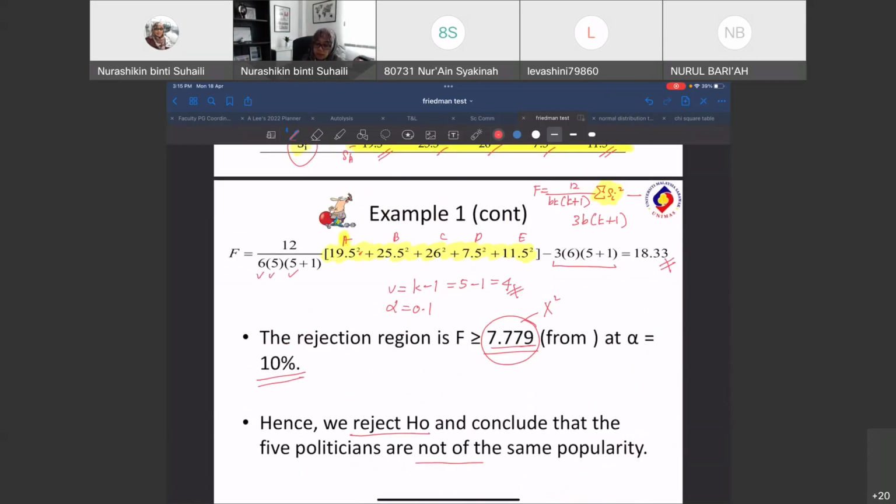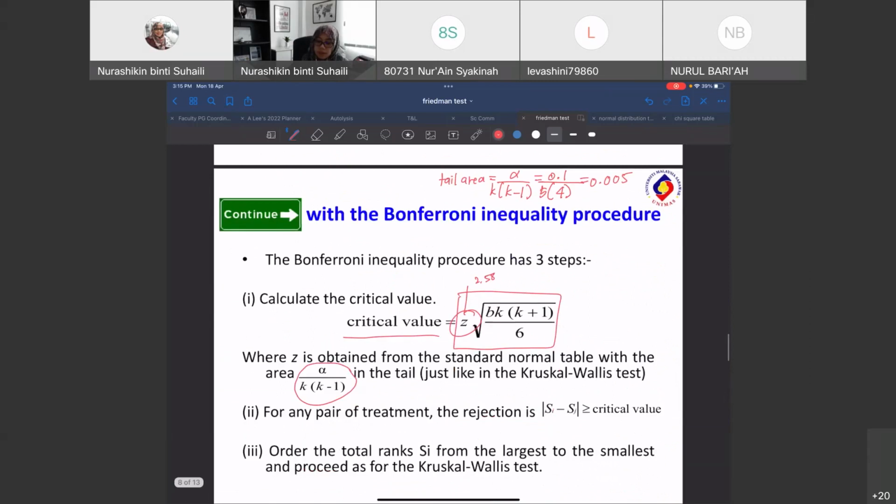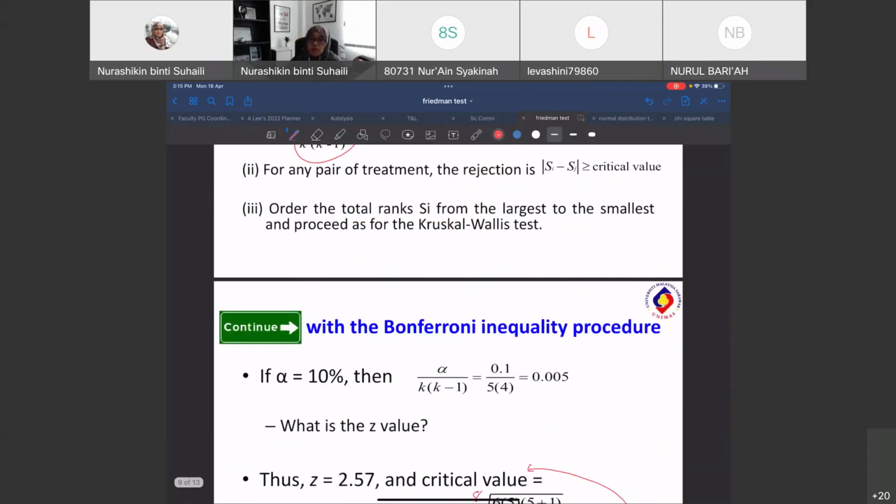And then after that, you calculate the critical value. The formula is different from Kruskal-Wallis, but we compare the critical value with the difference of every pair and make a decision based on that.